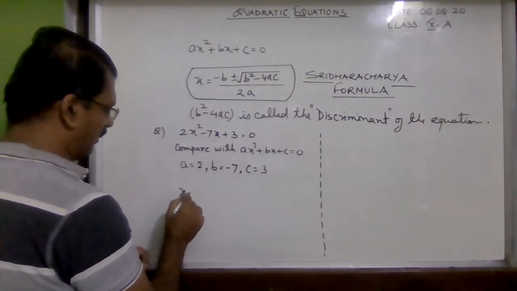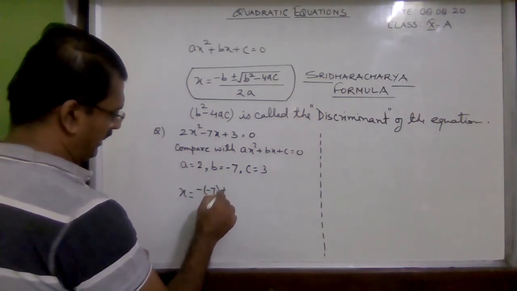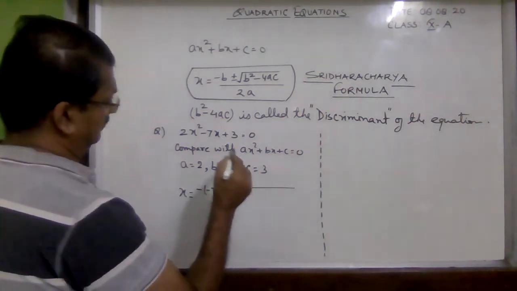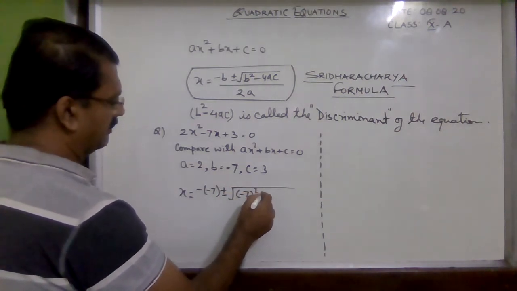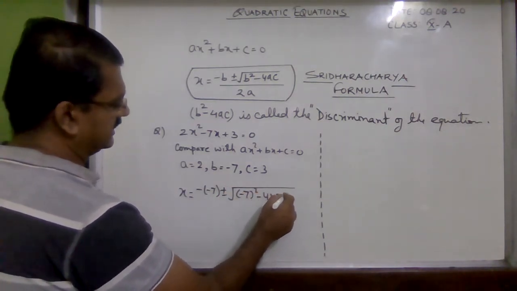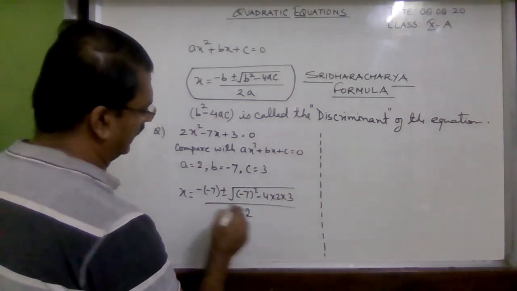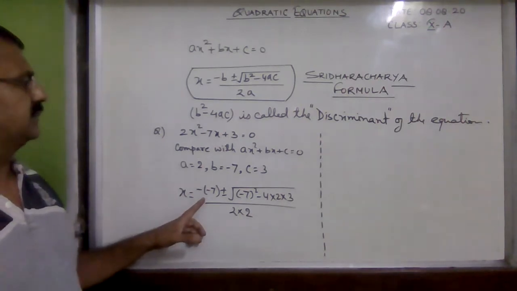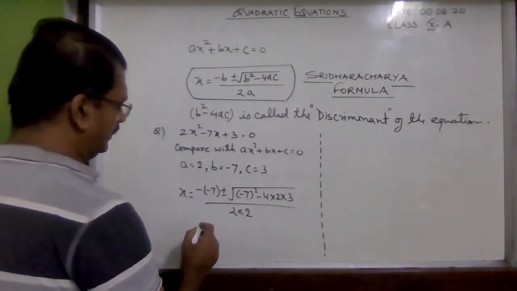Then according to the formula, x will be equal to −b, means minus of −7, plus minus under root b² minus 4ac, upon 2a.